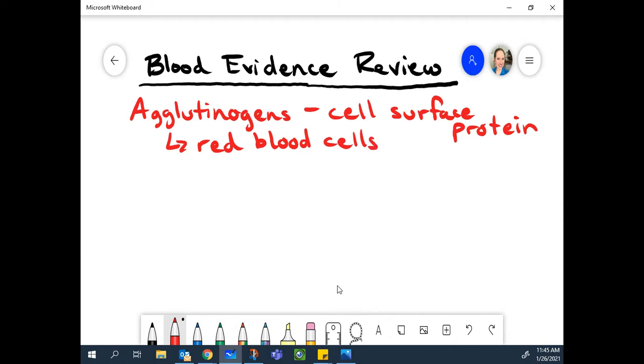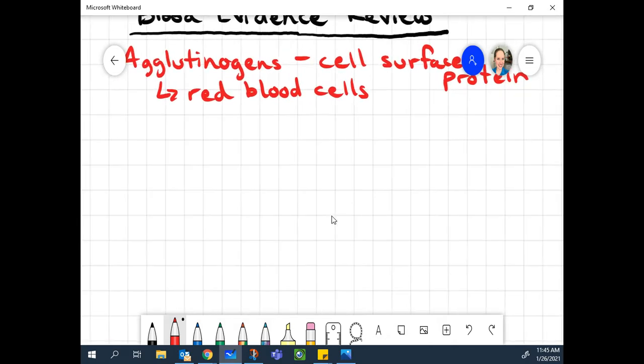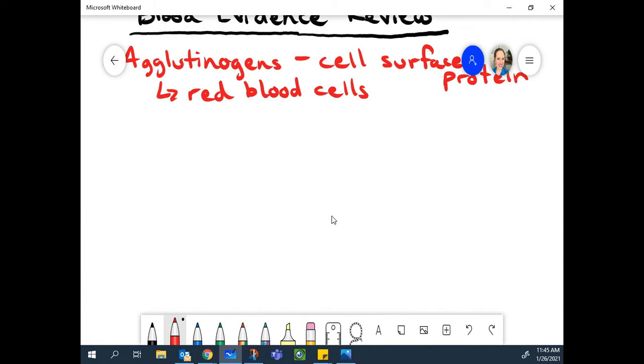So I have done some little cartoon red blood cells that look like this. We said they looked like the old school breath savers in real life because they have the little dip in the middle. I was telling my first period about the Cream Savers candy that they quit making, thank goodness, because it's gross.